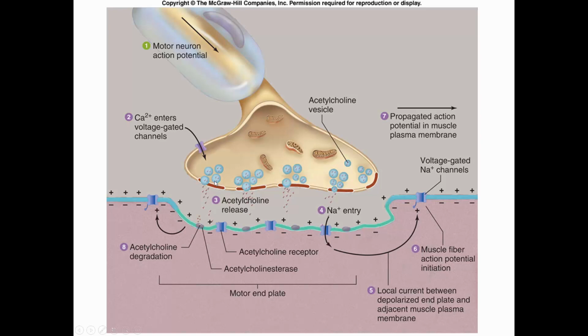Acetylcholine diffuses across the synaptic cleft, finds the acetylcholine receptor. This is a nicotinic receptor and it's ionotropic. Acetylcholine binds, this opens this beautiful channel, which is a cationic channel. Sodium comes in, calcium comes in, potassium goes out. But what ends up happening is we get this big graded potential called an end plate potential.